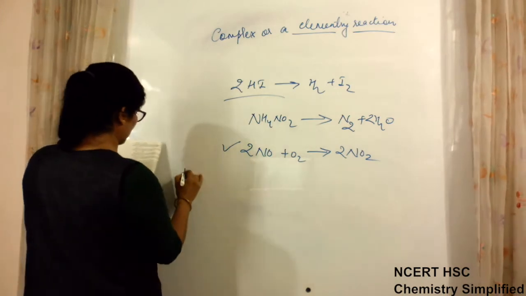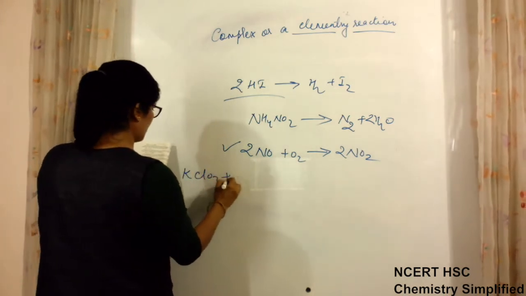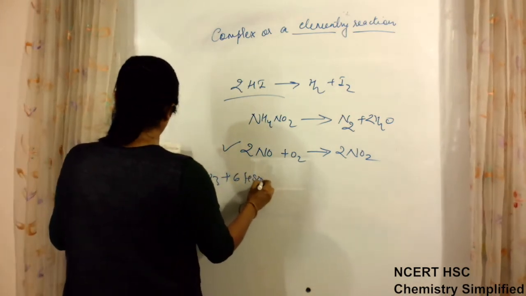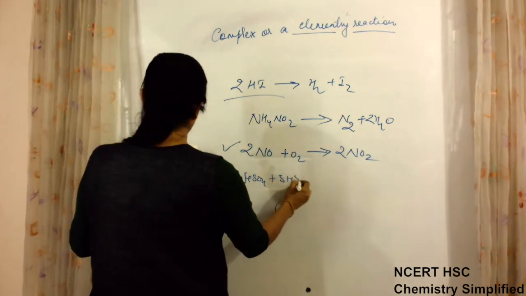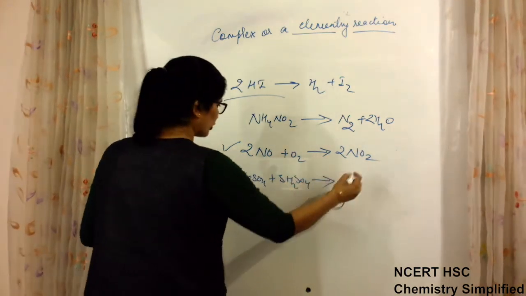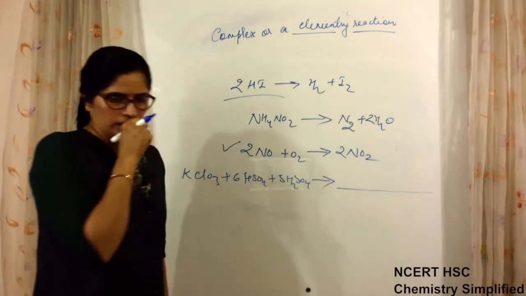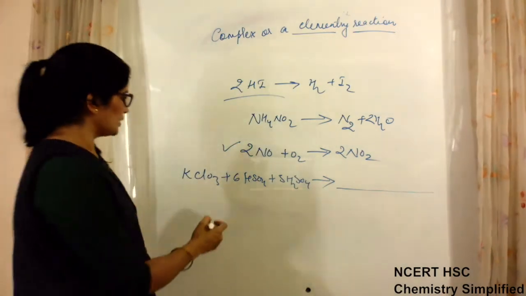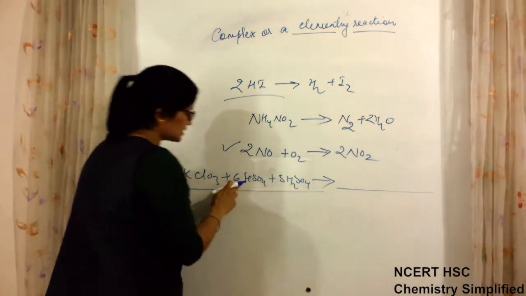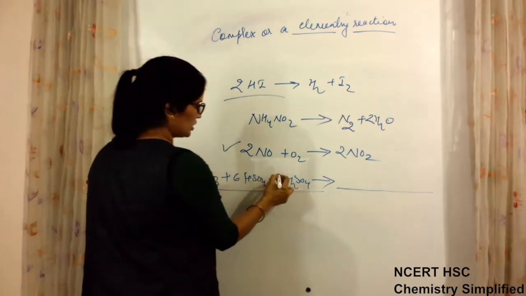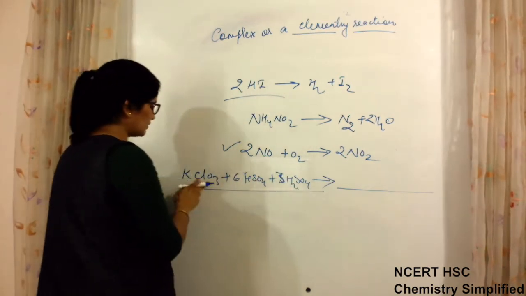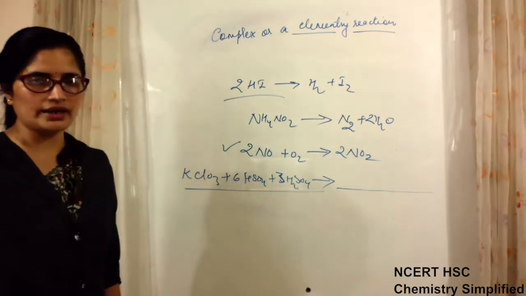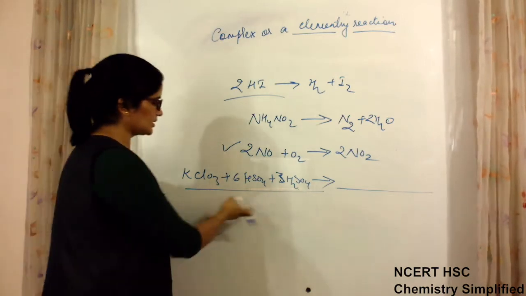For example, KClO3 plus 6FeSO4 plus 3H2SO4 will give whatever product. The product is not the subject here. Now see here, 6 molecules of FeSO4, 3 molecules of sulfuric acid and 1 molecule of KClO3 are reacting in this reaction.